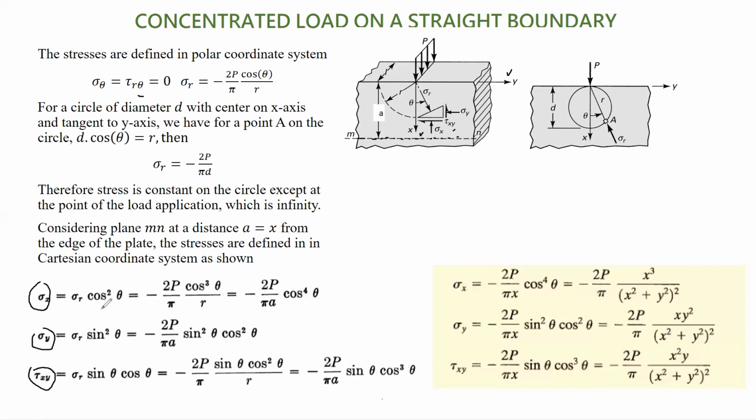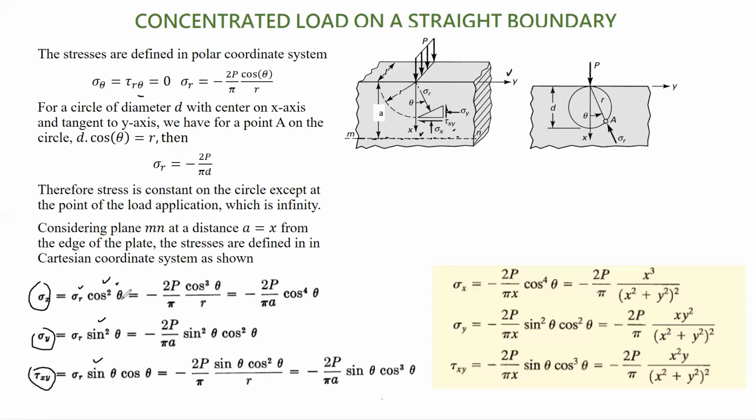If you use the transformation formulation that we were made familiar with, they are given by this equation. Remember, we have only sigma r, while sigma theta and tau r theta are 0. That's why the transformation formulation takes this simple form. But these sigma x, sigma y, and tau xy are given in terms of sigma r and theta.